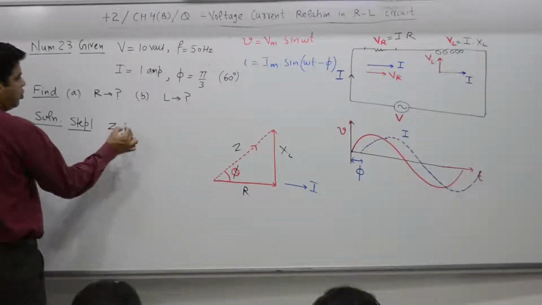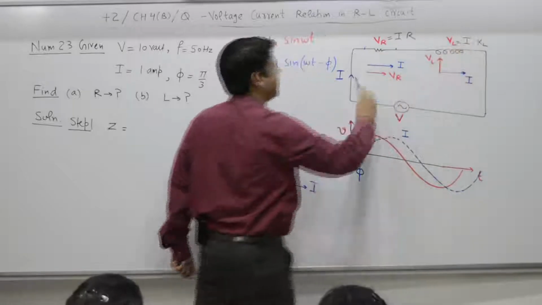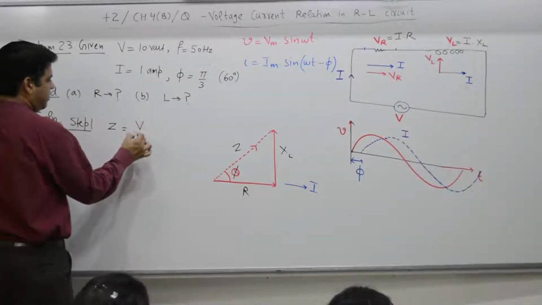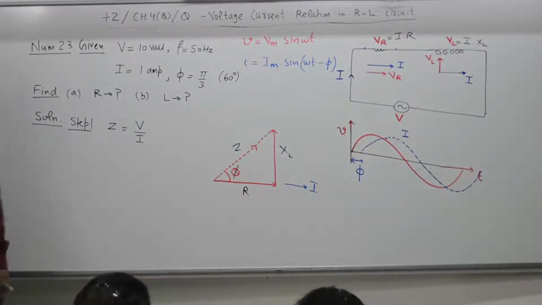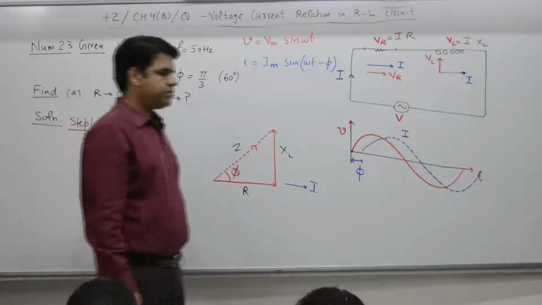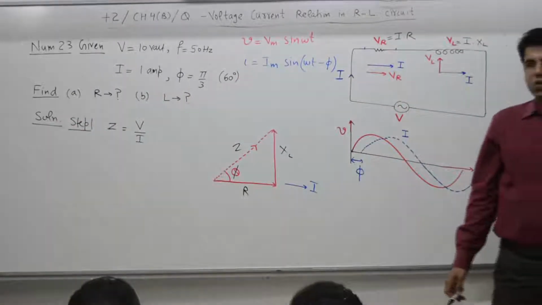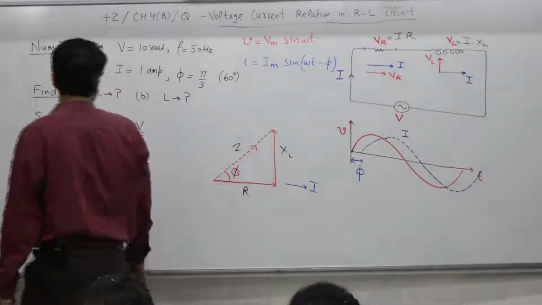Z, the total opposition offered by the circuit. Z is equal to what? V by I, or V is equal to IZ. Total voltage divided by total current gives total opposition offered, which is termed as impedance.